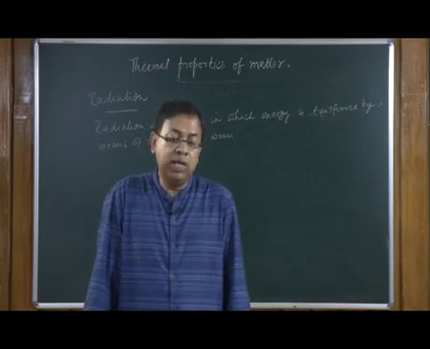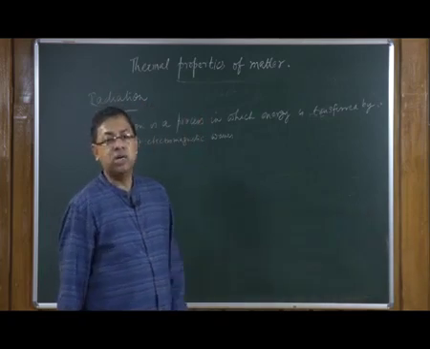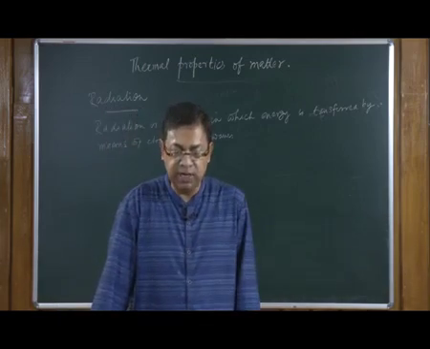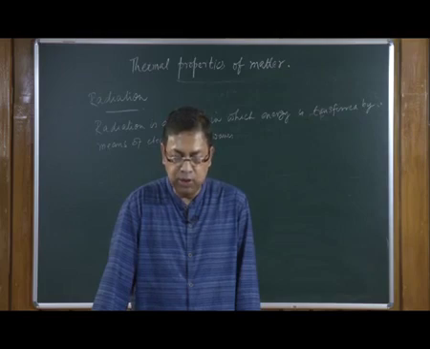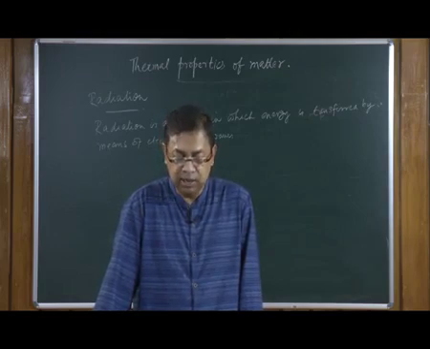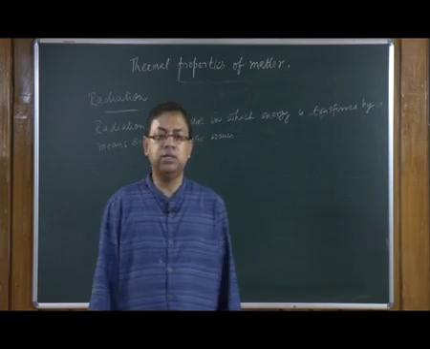And also, the radiation occurs very quickly with the speed of light, and we know that the speed of light is very large, which is 3 into 10 to the power 8 meter per second. That is the speed of light.